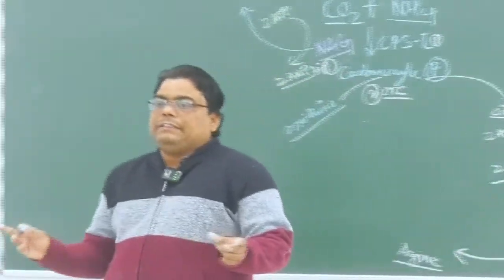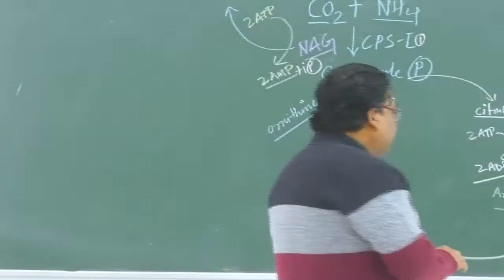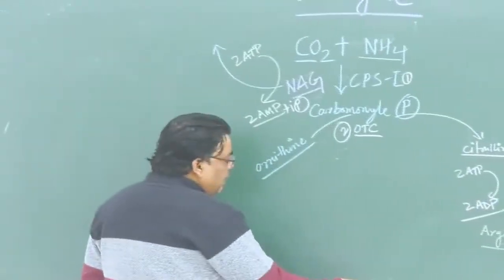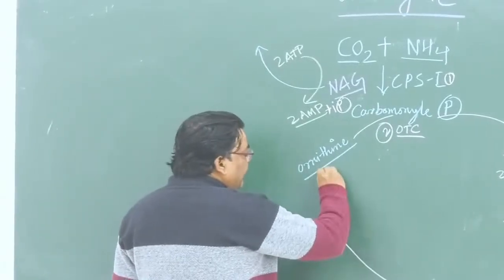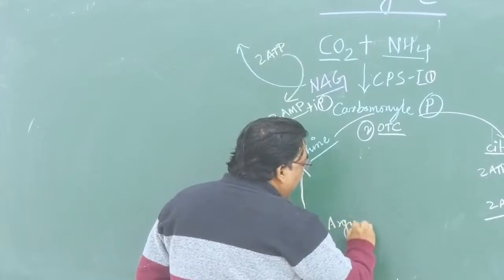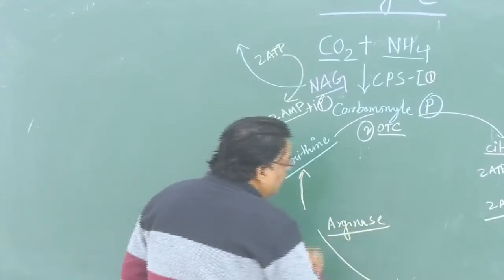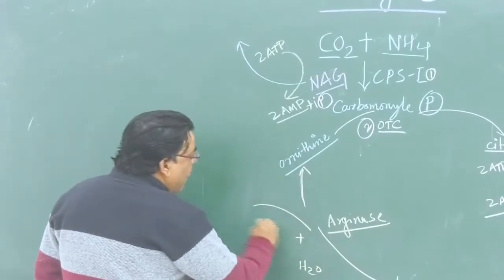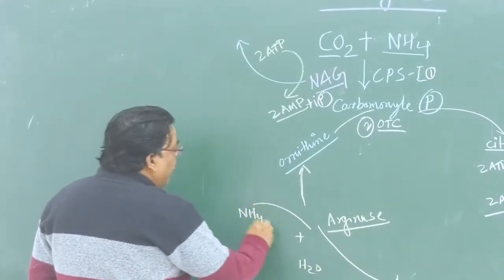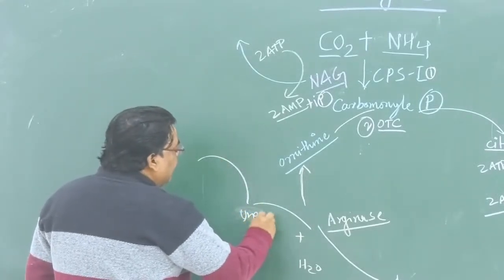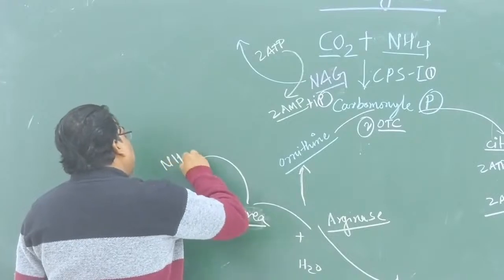So these all are interlinked between the TCA cycle and the urea cycle. Okay? Arginine. Now in the last step, this arginine is further converted into ornithine by the enzyme arginase, and there is removal of urea.